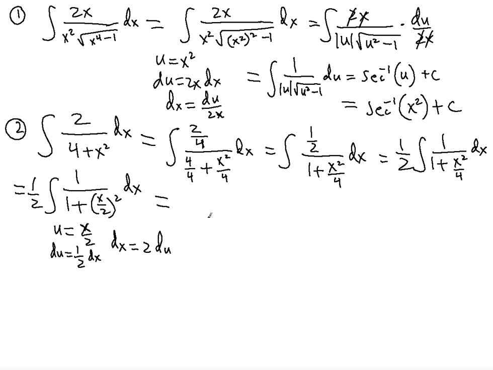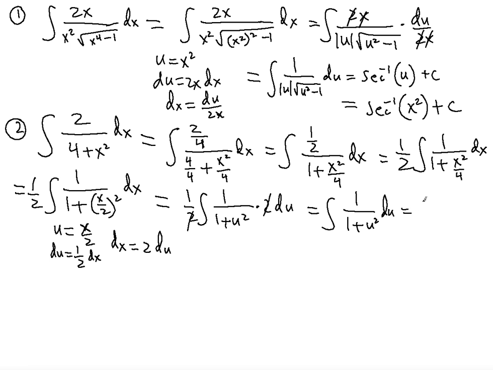So as a result, you will have 1/2 times the integral of 1 over 1 plus u squared, and then dx is equal to 2 du. So the 2's get canceled out, because 1/2 times 2 is just 1. So you're basically having 1 over 1 plus u squared, and that's exactly what we want. So we get arctangent of u plus a constant. But substituting back to x, remember, we have to have arctangent of, what is u? x over 2, right? So arctangent of x over 2 plus a constant.